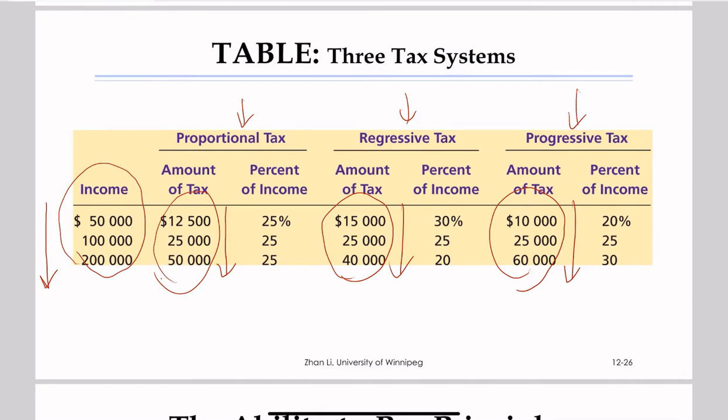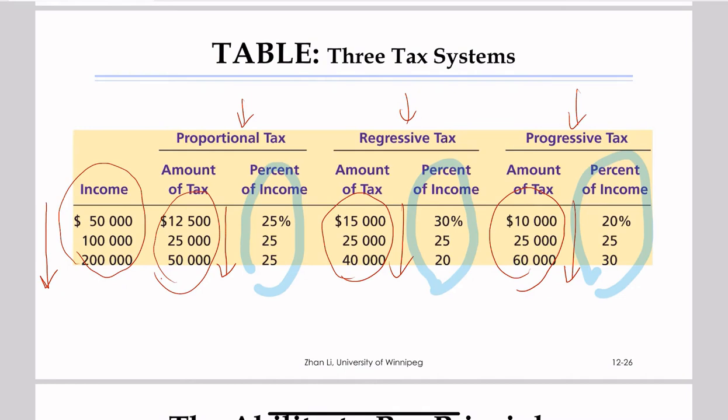But if you look at the percentage, or the average tax rate, you will get a different perspective. So let's look at the percent of income, right? In the first tax system, no matter what your income is, you always pay 25% to the government. In the second case, which is more interesting or weird, at the income level of $50,000, you pay 30%.